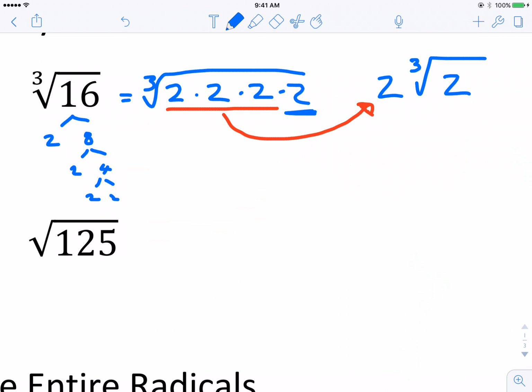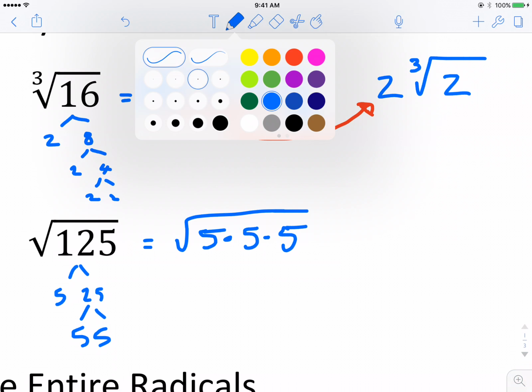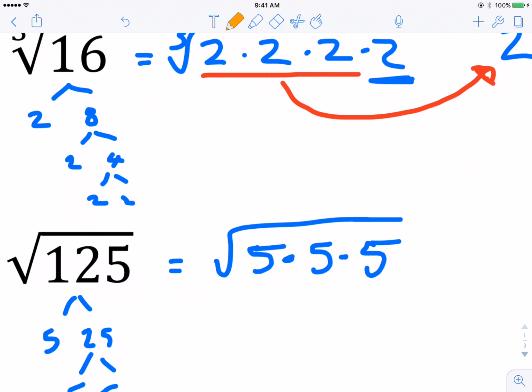Square root of 125, same process. Prime factorize 125, which is 5 times 25, 5 times 5. So this is the square root of 5 times 5 times 5. Hopefully you're starting to be able to do that process fairly quickly now. I know that there is a tiny little 2 here that I never write for the square root, but it's there.